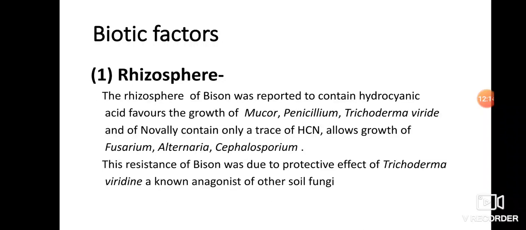Biotic factors arise mainly as a result of microbial infection before or during infection. It may include synergism, antagonism, rhizosphere, aerosphere, multiple infection, soil fungistasis, vector, self-inhibition, stimulation of spore germination, and symbiotic association between pathogen and other organisms.